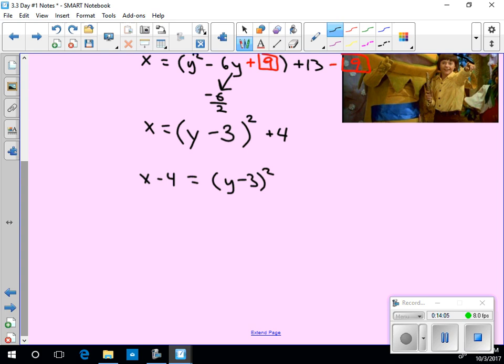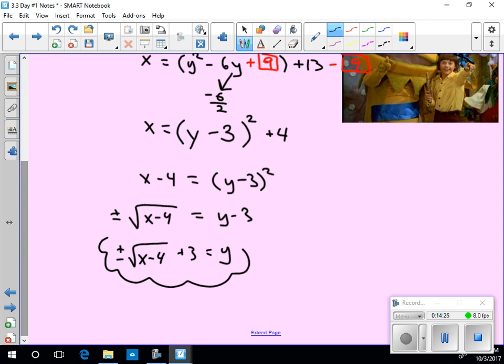Okay, I'm going to take the square root. What's going to happen here, though? If I take the square root of both sides, I get a plus or minus, and I get y minus 3. Now, the last step is to add that 3 out here. This is our inverse. Now, there is a precursor up here.